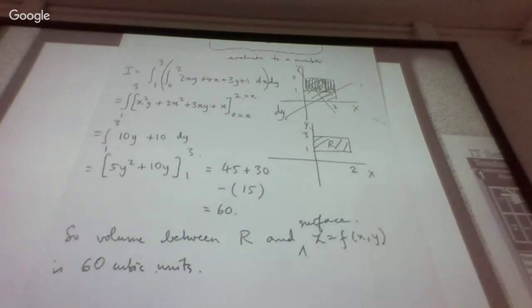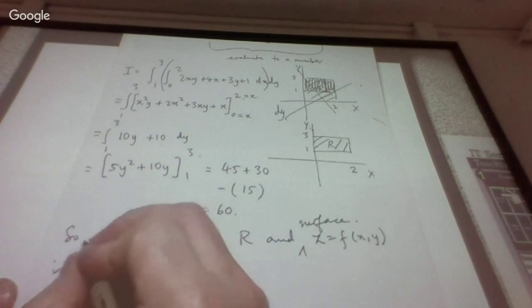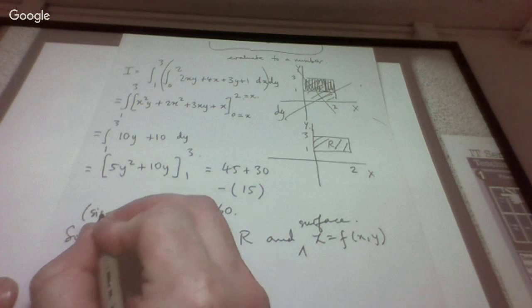Be a little bit careful, because just as with one-dimensional integrals, any portions of the surface that are negative, that lie below the horizontal plane, the volumes there between the region and that part of the surface, they'll have a negative contribution to the overall area. So they're kind of like signed volume.